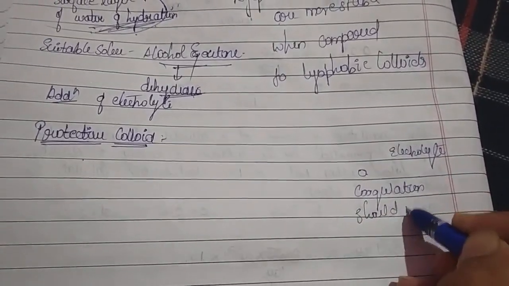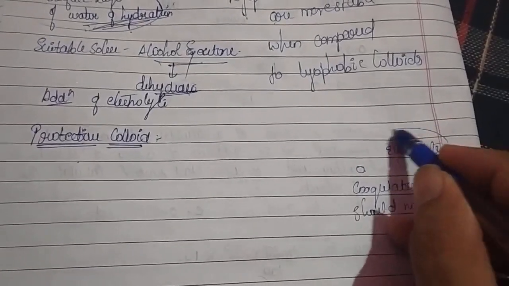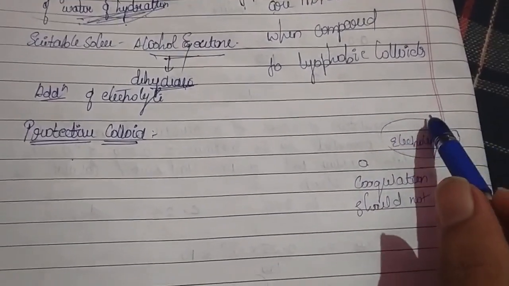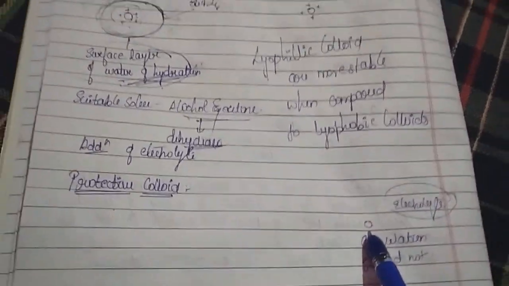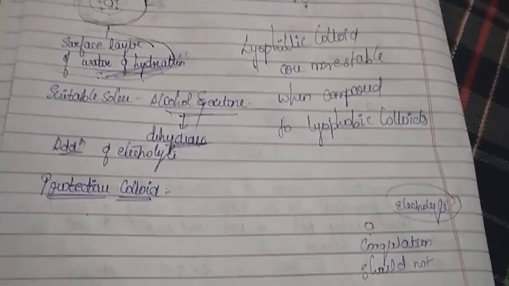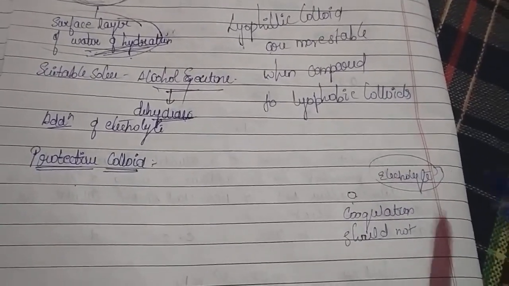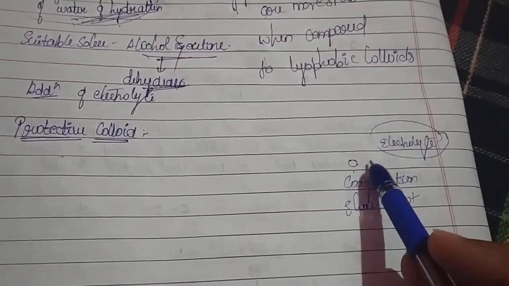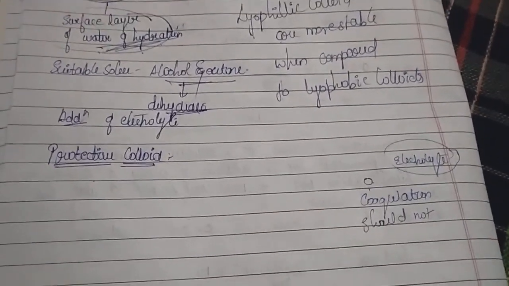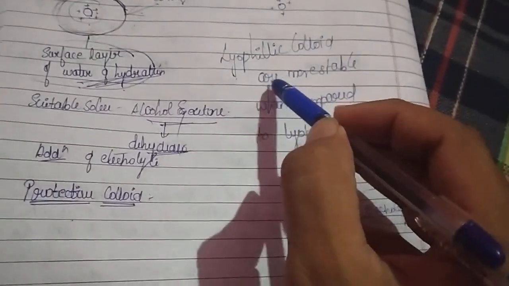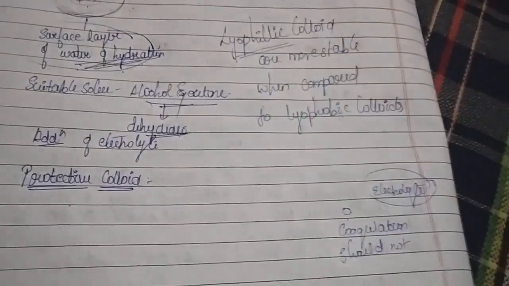Meaning, even in the presence of the electrolyte, the lyophobic colloidal particles should not get precipitated. So how can we do this? By utilizing the concept of the stability of your lyophilic colloid.